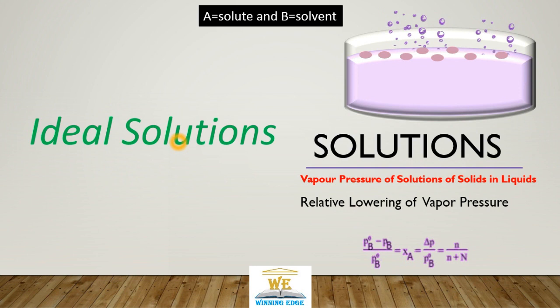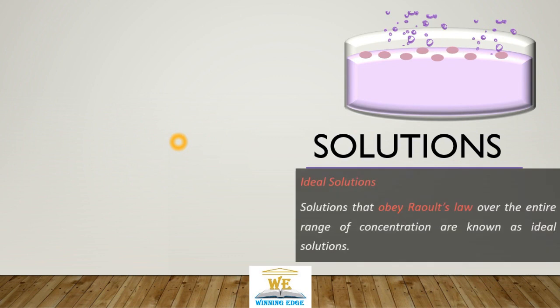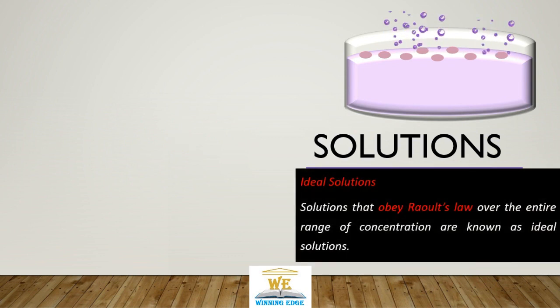This is the case for ideal solutions we were discussing. What are ideal solutions? Solutions that obey Raoult's law over the entire range of concentration are known as ideal solutions. So ideal solutions obey Raoult's law.